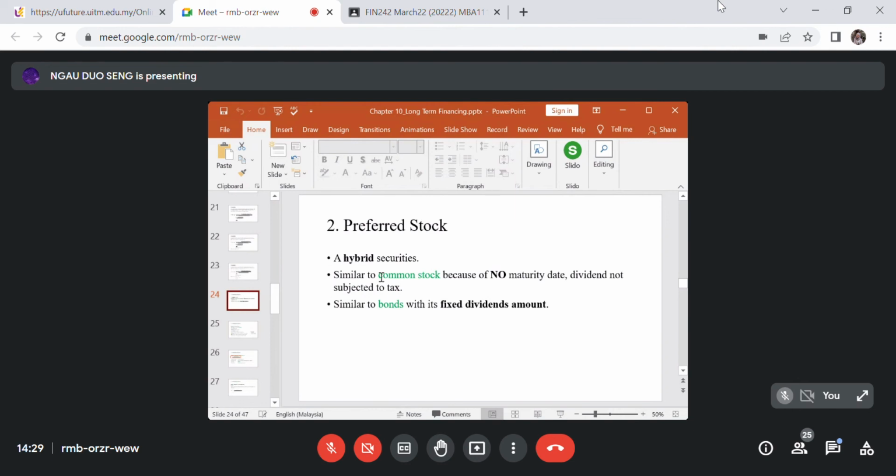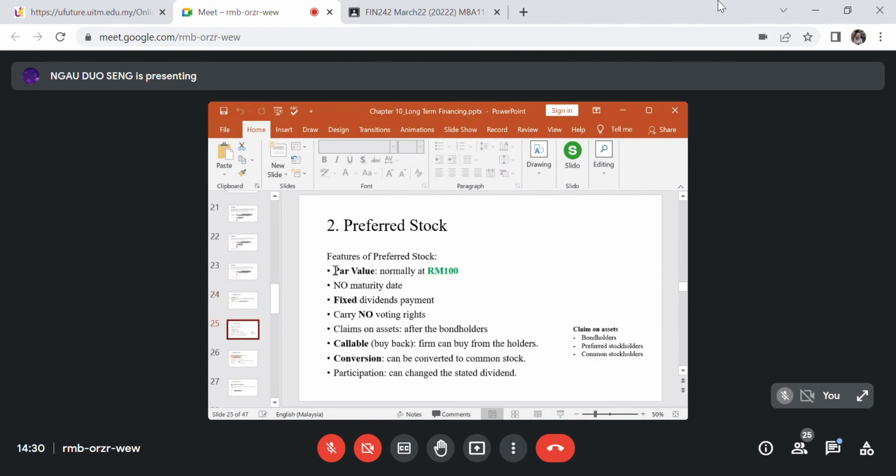So same for preferred stock, yang beza dia akan bayar yang fixed, yang tetap 50 contoh setiap tahun, tapi yang ini adalah untuk selama-lamanya. No maturity date. Right, no maturity date dia adalah common stock punya ciri. Then the fixed dividend adalah bond punya ciri. That's why kita panggil dia hybrid.